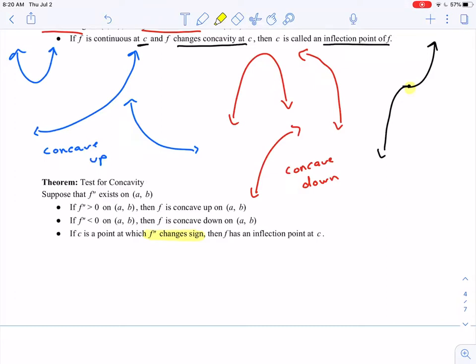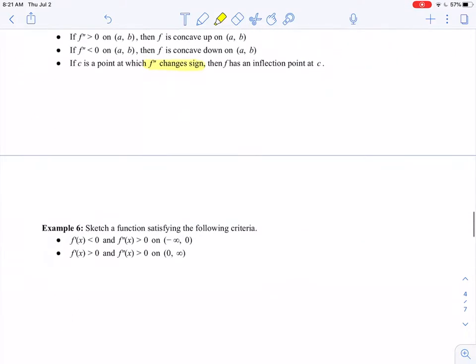That's all we're going to be looking for. And as soon as we find that sign change, that tells us, oh, we have a point of inflection at this particular x value. So we don't distinguish the two separate cases. Just as long as there's some sort of sign change that we've established, then we can say that we have a point of inflection. So let's look at a couple of examples here.